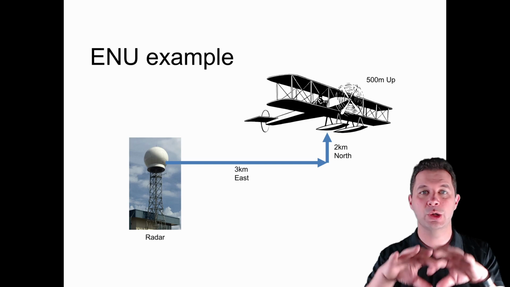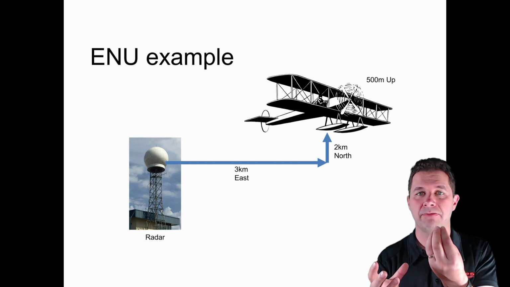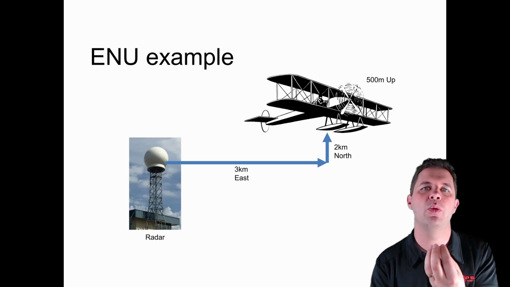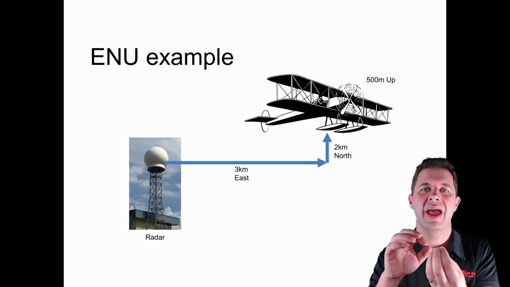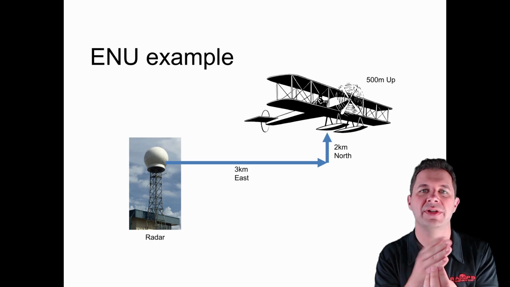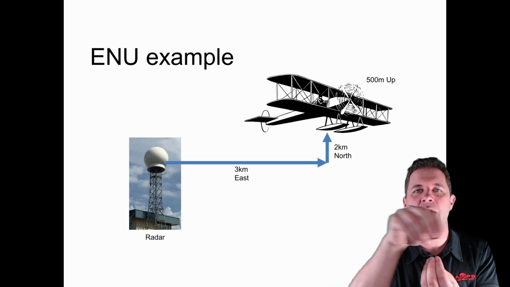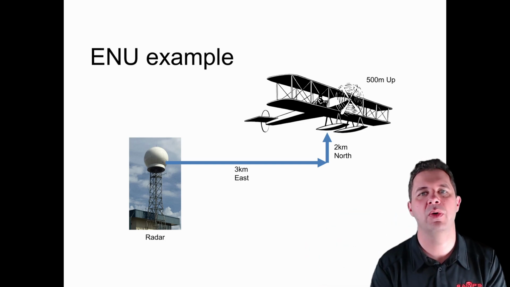That sort of frame of reference makes sense if we're looking at this air traffic control tower or an airport or something like that at the center, and that might be our center reference point in our reference frame and plane that we're dealing with, and where are other objects with reference to that point.